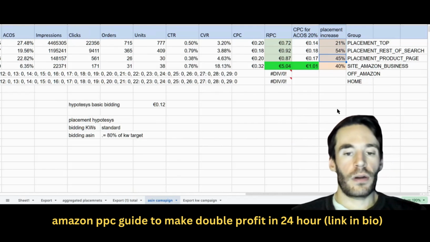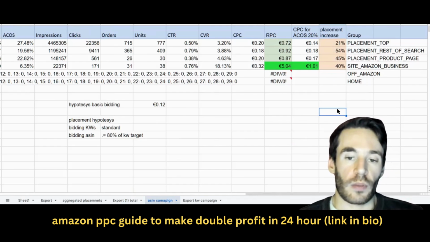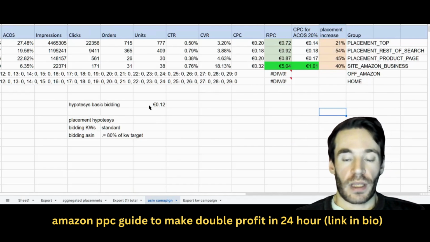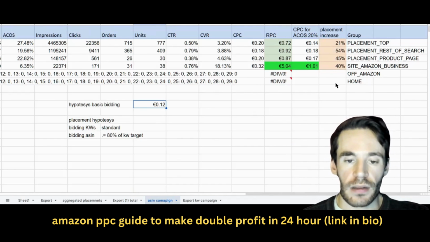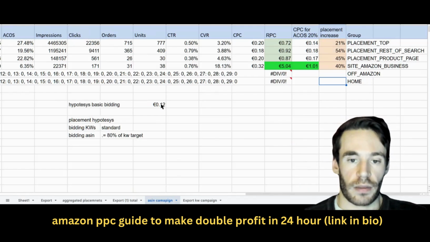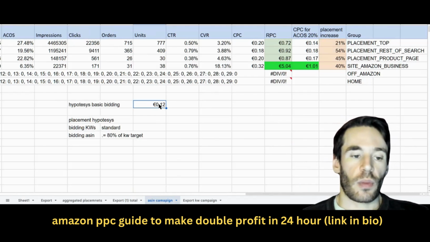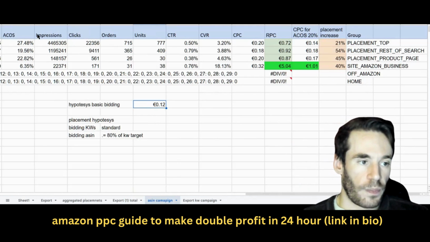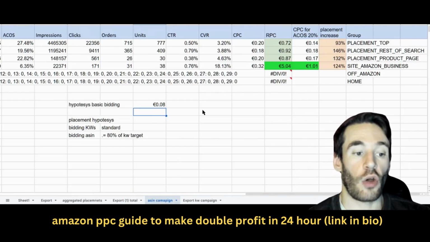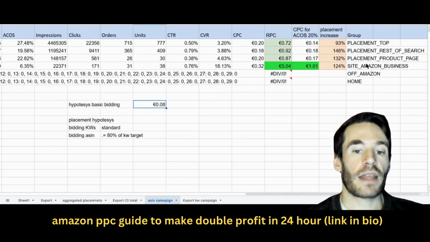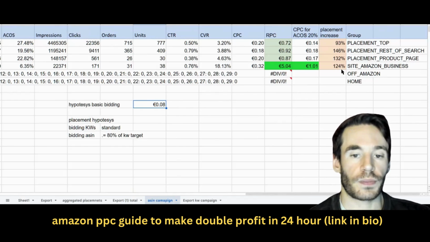But for example, this could be a good starting point if you get bidding right. And that's another condition: the placement increase depends on the bidding that you select. If you select 0.8, so let's see, for example. As you can see, if we select a lower bidding, the right percentage of placement is this one.